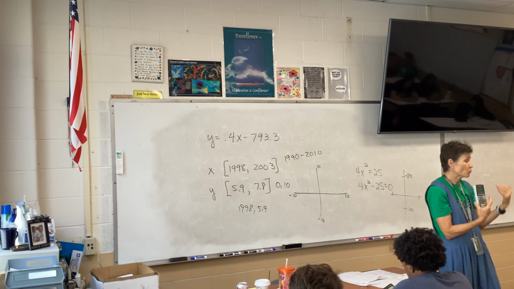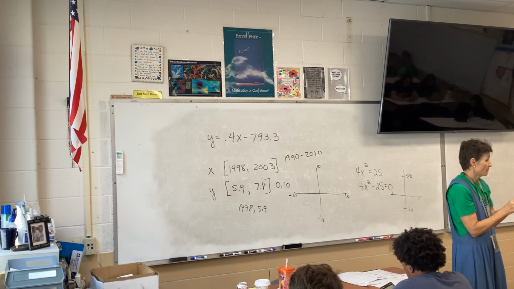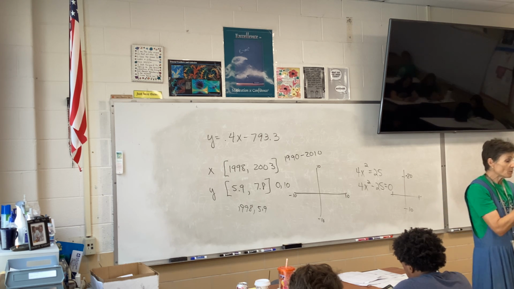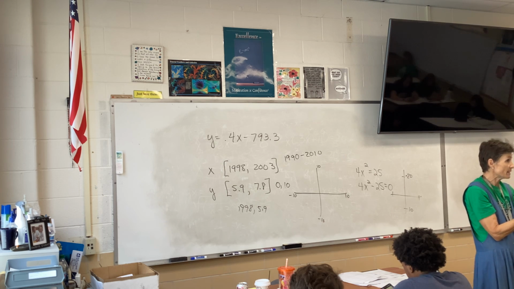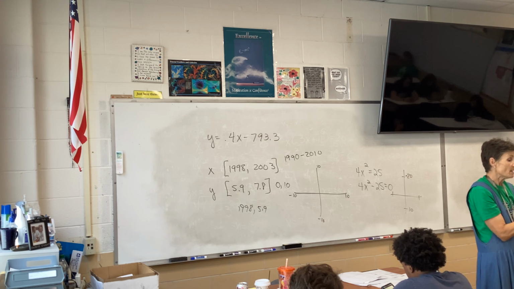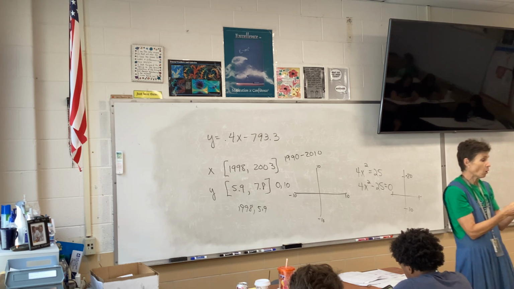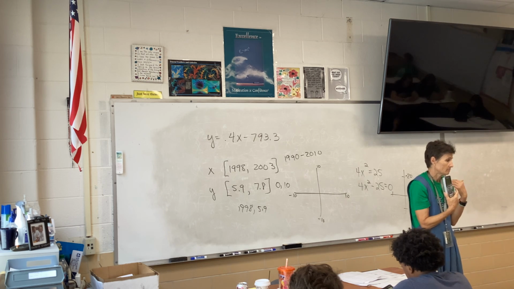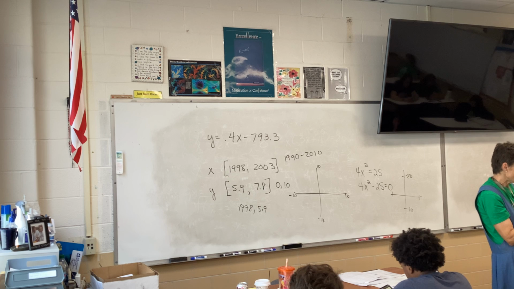And you want to turn on plot 1. So when you hit stat plot, it came up, plot 1's at the top, right? Number 1, plot 1. We want that to be highlighted on. So press enter and then highlight the on. So now plot 1 should be turned on.